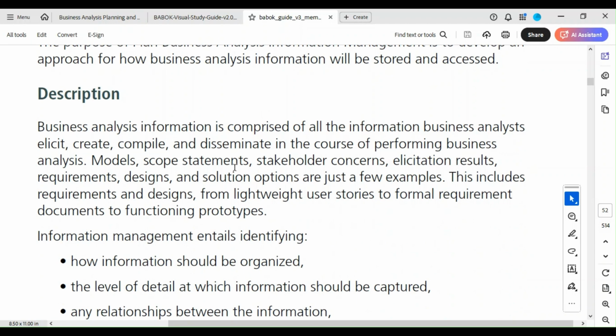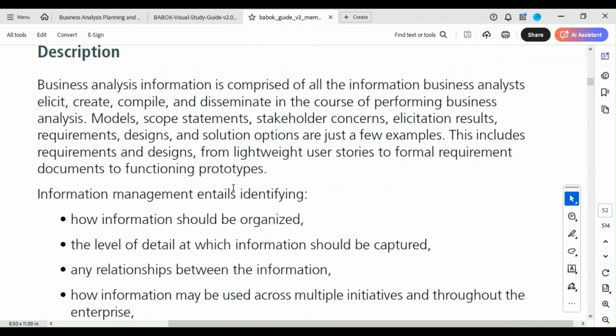Okay, so going into the description, business analysis information is comprised of all the information business analysts elicit, create, compile, and disseminate in the course of performing business analysis. Let's take that again.